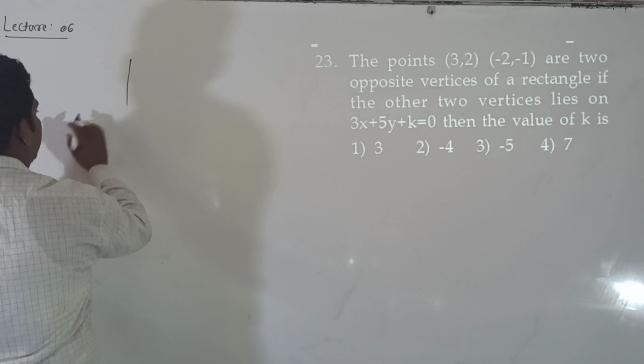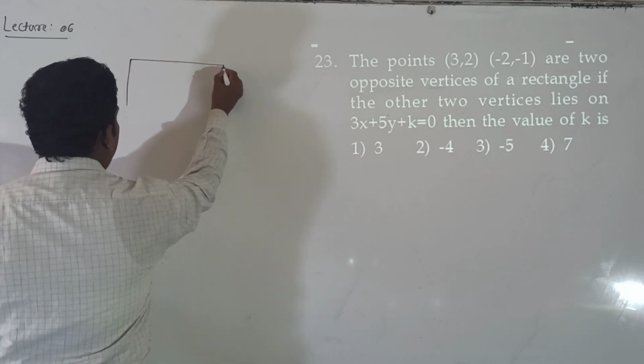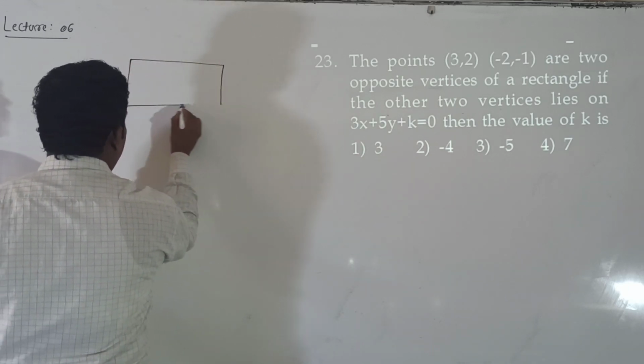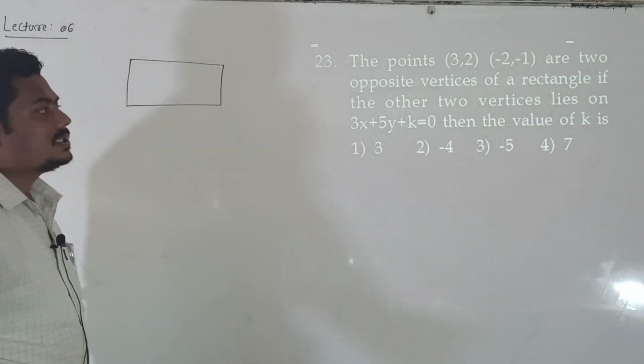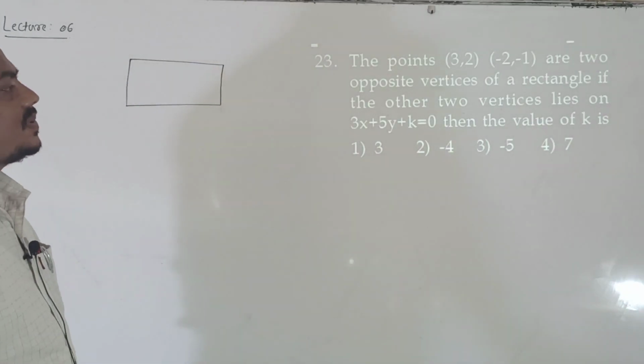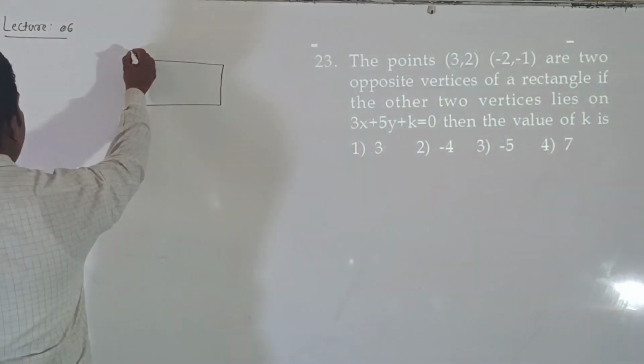Consider a rectangle. (3, 2) and (minus 2, minus 1) are two opposite vertices.